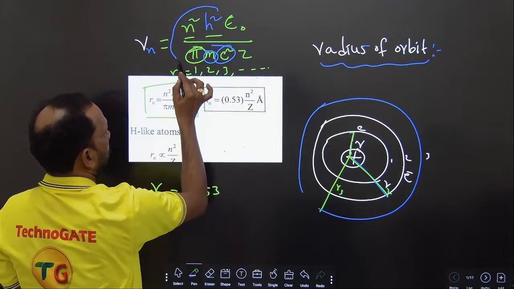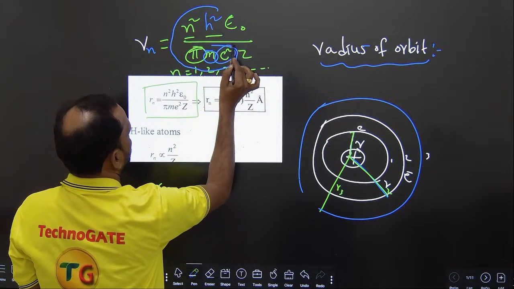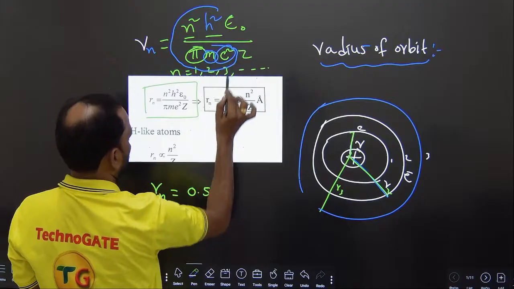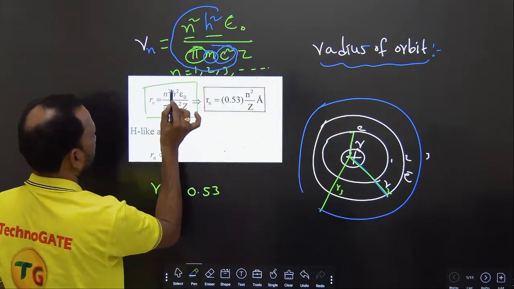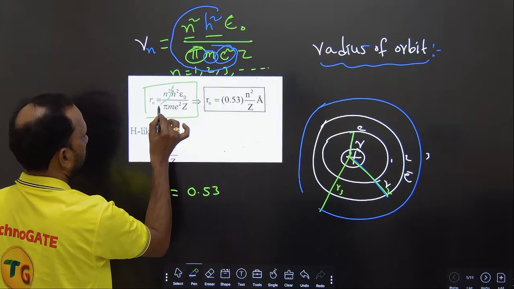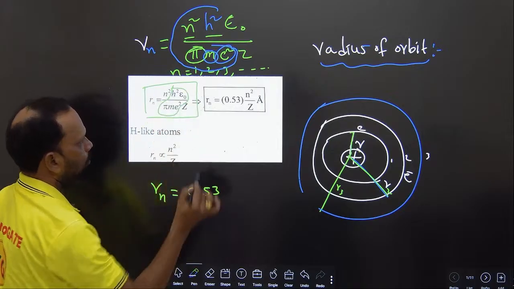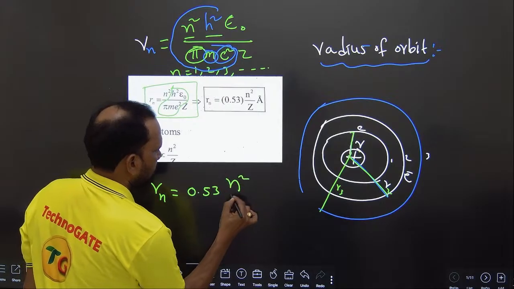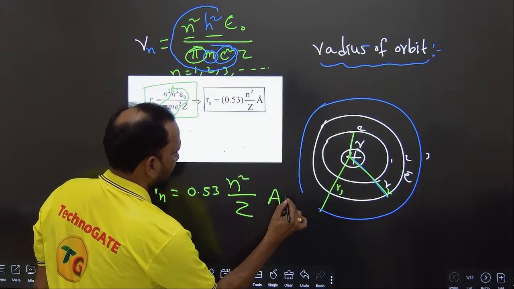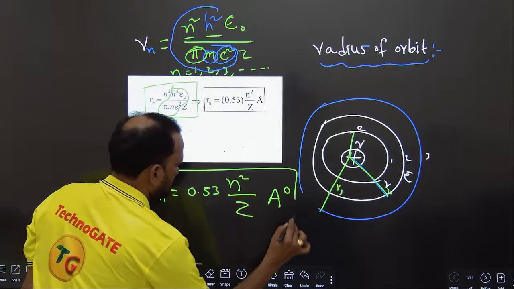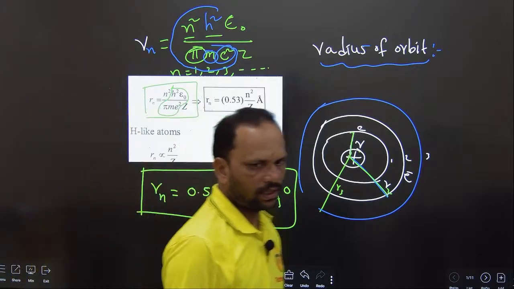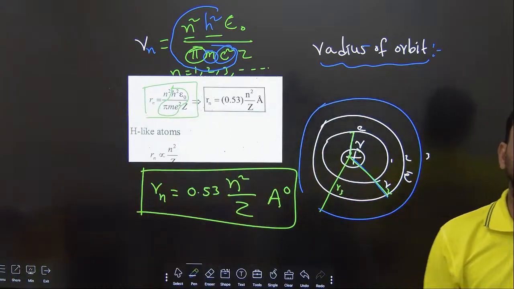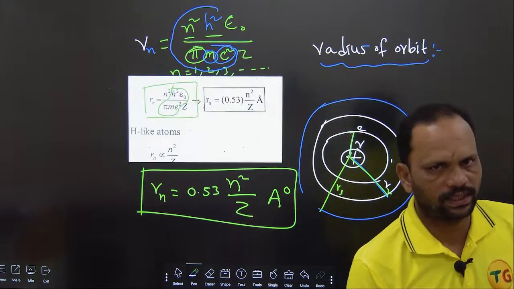So the final formula for radius is Rn is equal to 0.53 into n square by z angstrom.